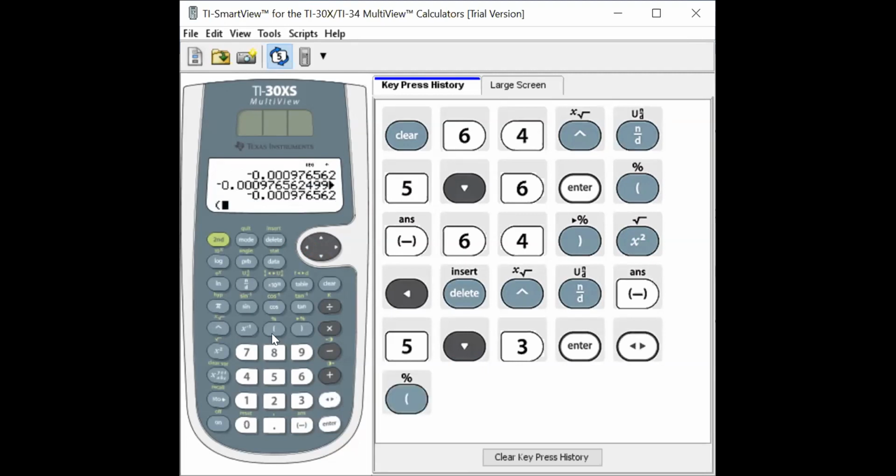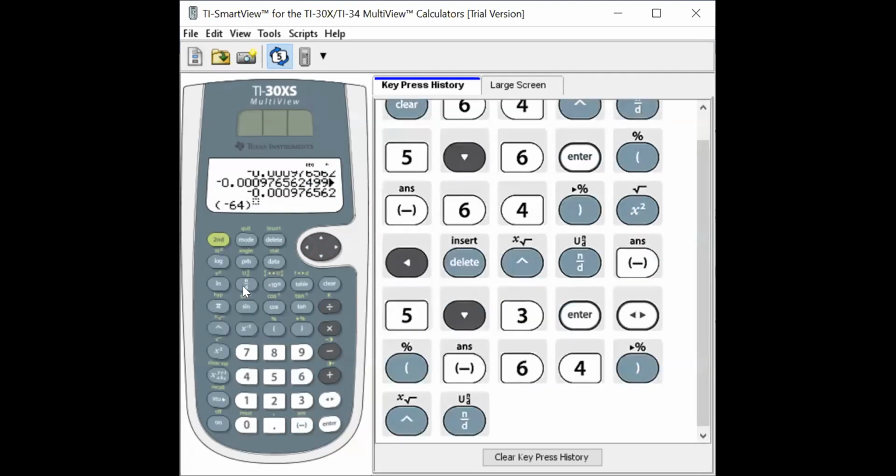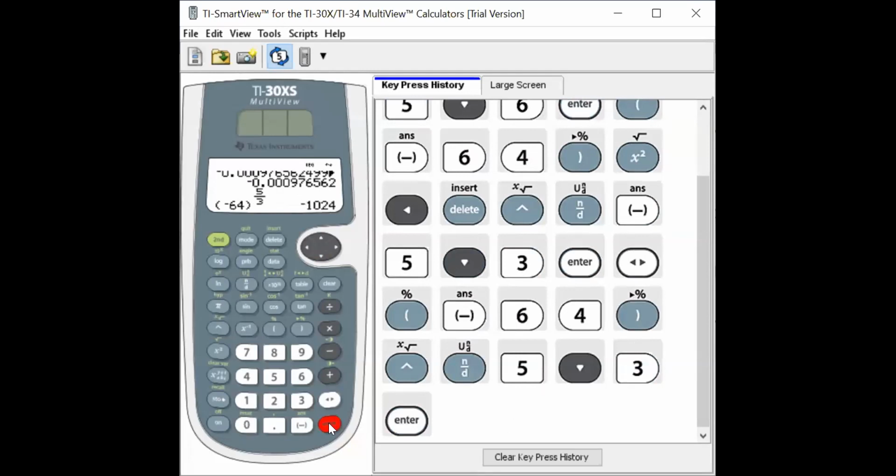So what I suggest is do it as if it wasn't a negative exponent, and 5/3. Okay, see, I got the -1024, but I didn't put the -5/3 in the calculator because it wasn't giving it to me. So that's when you have to remember that the 5/3 was negative to begin with. So you're just going to put the -1024 over or under 1. All right, let me know if you have any questions.